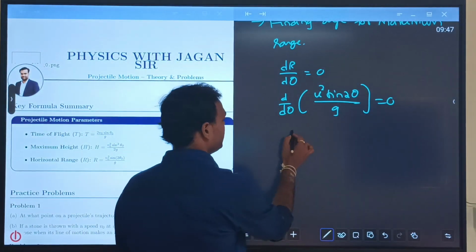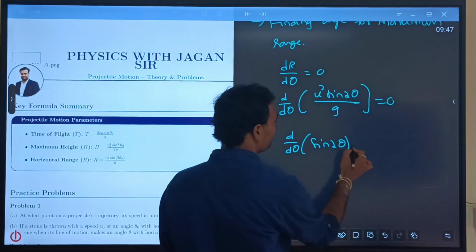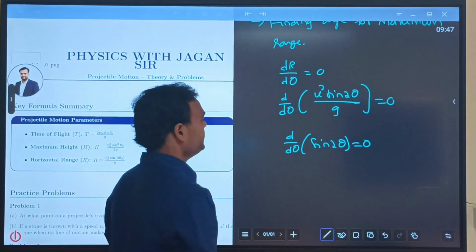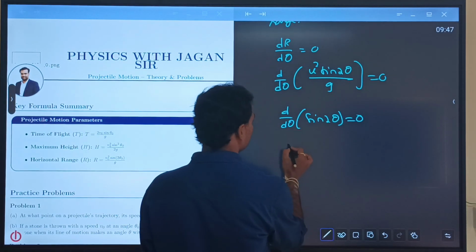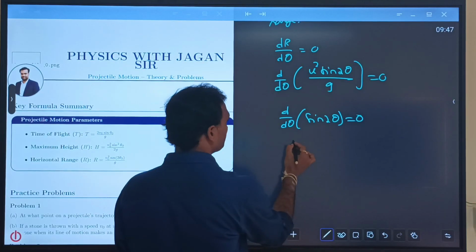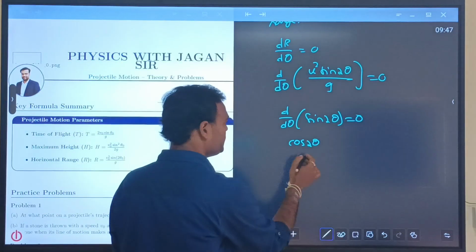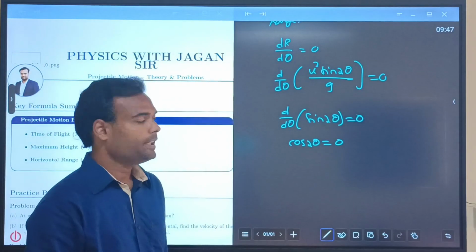Then d by d theta of sin 2 theta is equal to 0, and this will be cos 2 theta times 2, okay, right?